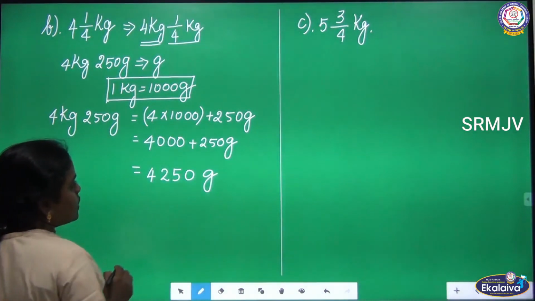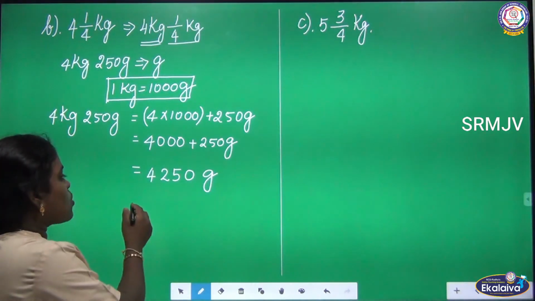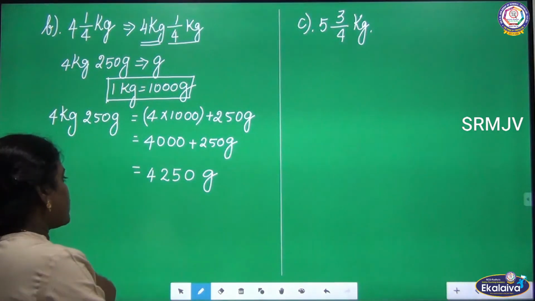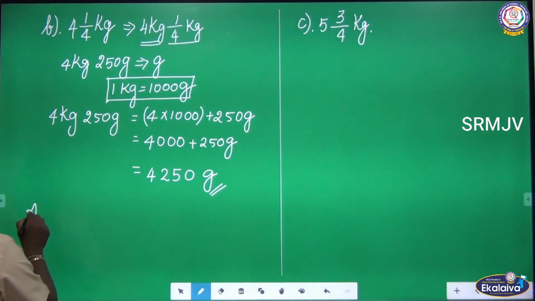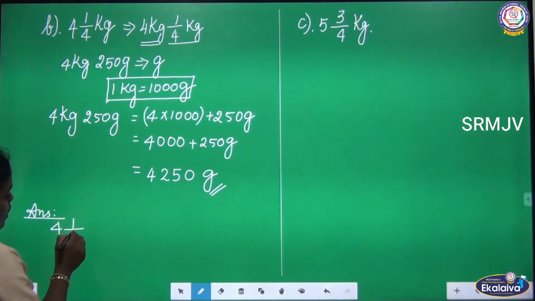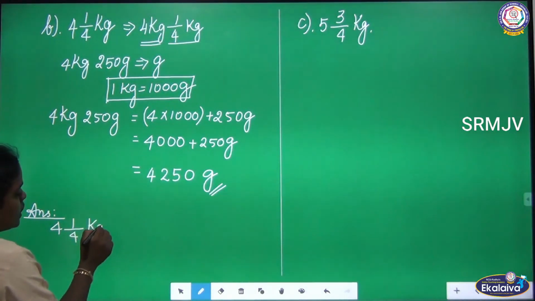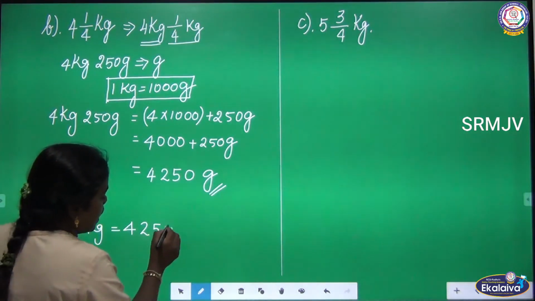So if you add these numbers, you will get the sum 4250. So this is the answer. Now let us write down the answer. 4 1/4 kilogram equals 4250 gram.